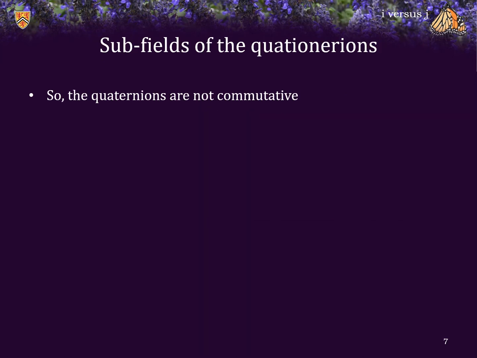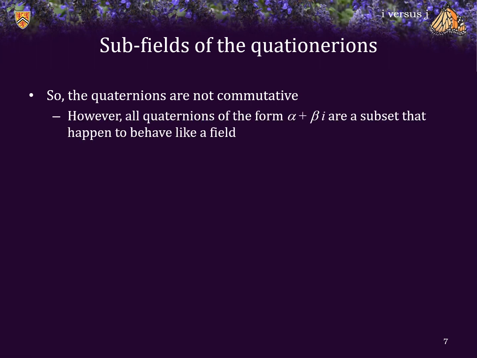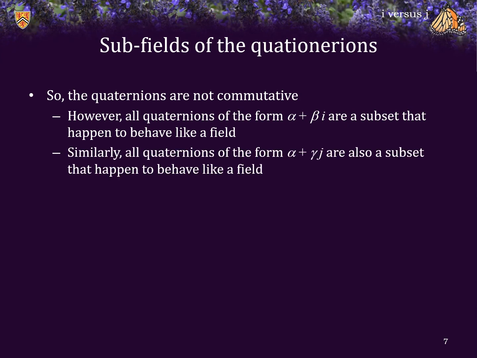Okay, so the quaternions are not commutative. However, it happens that if we pick out only those quaternions of the form alpha plus beta i plus 0 times j plus 0 times k, all of those numbers are a subset of the quaternions that, for all intents and purposes, behave just like a field.